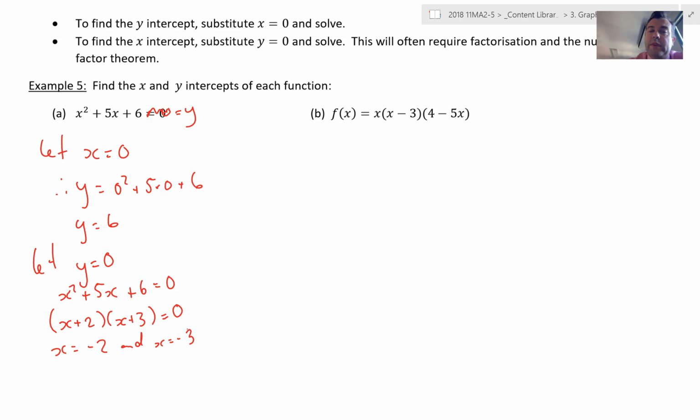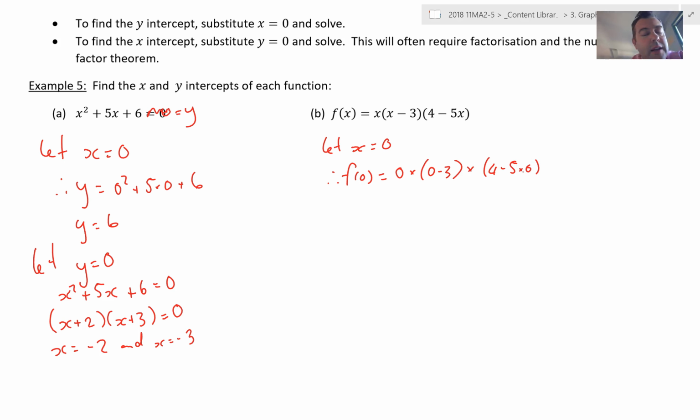Okay, wonderful. Let's try the same thing over here with this function. Now, this curious looking thing has been factorized. That's going to help us out. It's not going to be quite so helpful when I find the y-intercept, but that's not going to be so difficult. So remember, to find the y-intercept, I let x equal 0. Therefore, the function of 0 equals 0 times 0 minus 3 times 4 minus 5, lots of 0.